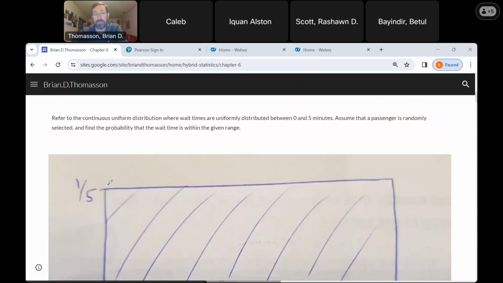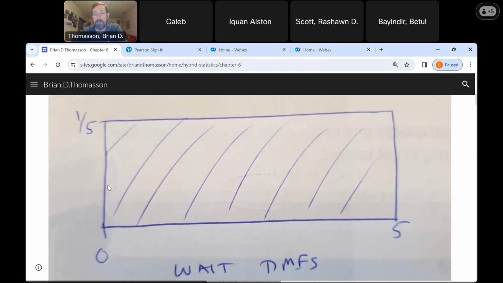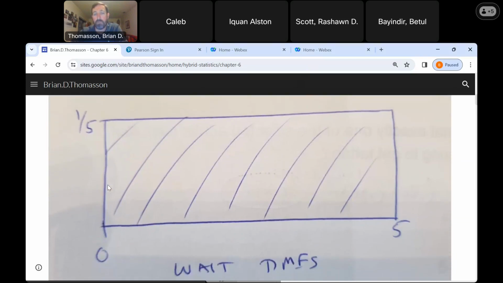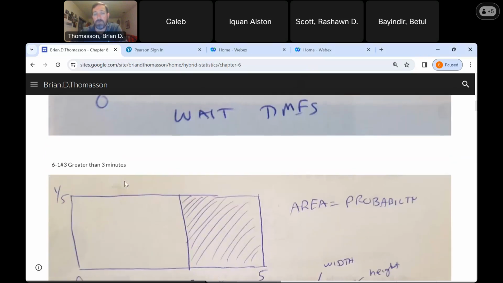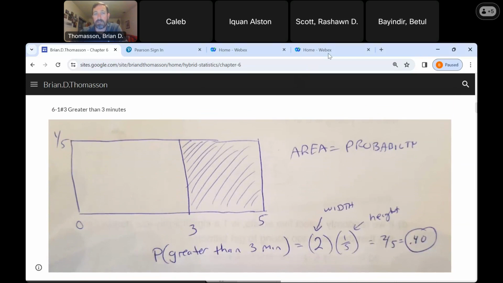When we look at this next one, it says we have uniform wait times between 0 and 5 minutes. So our width is 5, our height has to be 1/5. When we get to problem number 3, it says find the probability of greater than 3 minutes. What we need to do is find the area of this shaded region, because the area equals the probability.